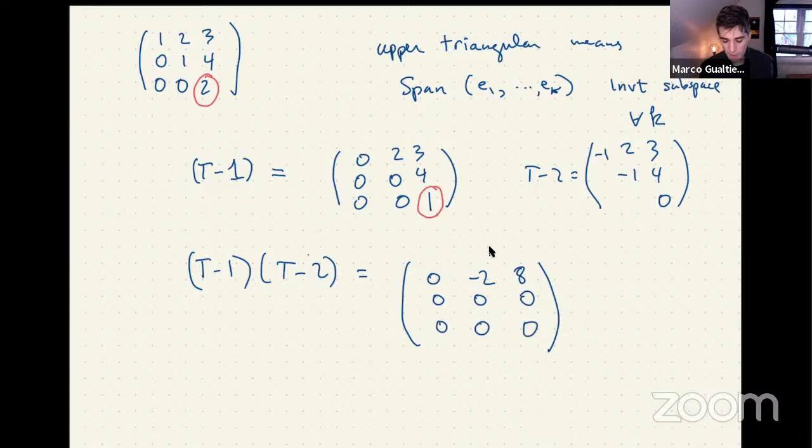So now you see that this one did the job of making these guys 0. This one did the job of making this one 0. And then when you take the product, these zeros kill these, and this 0 kills this. And so you get something that's strictly upper triangular.